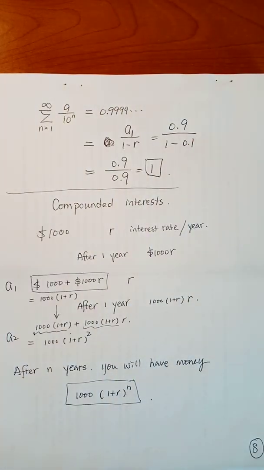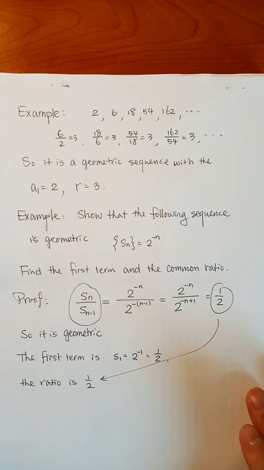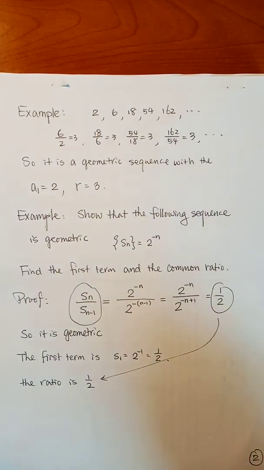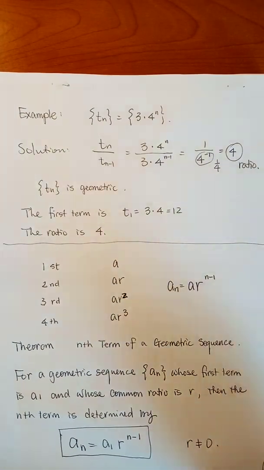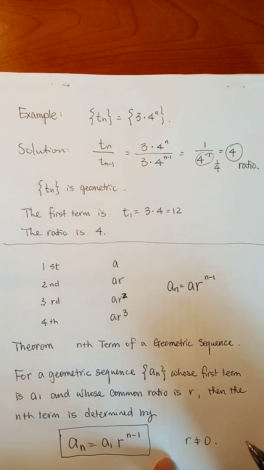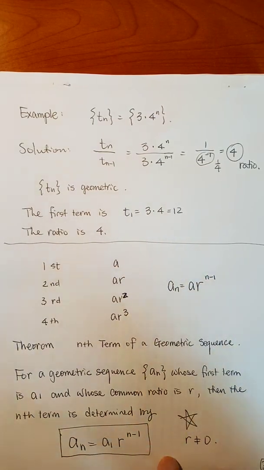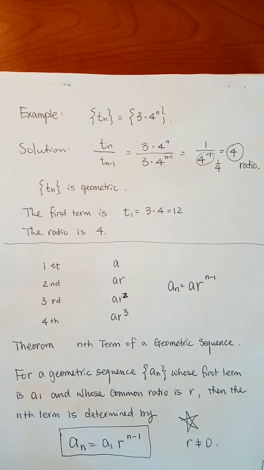Okay, and second, this is the second page. I'm going to put it here and you check it. Second page, third page. On the third page, there's the nth term formula. Nth term formula, very important.